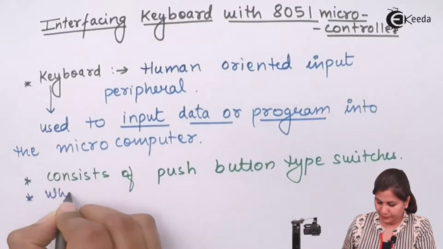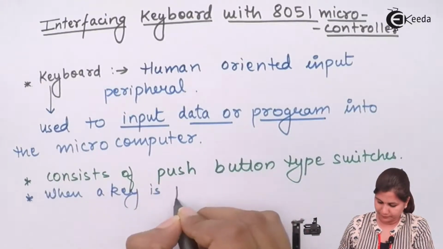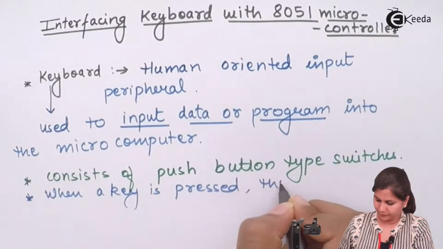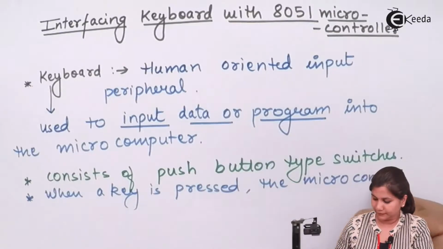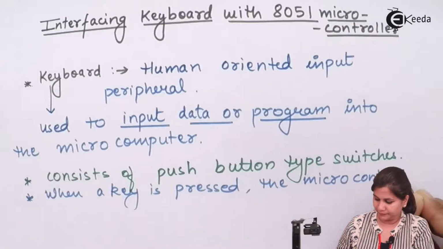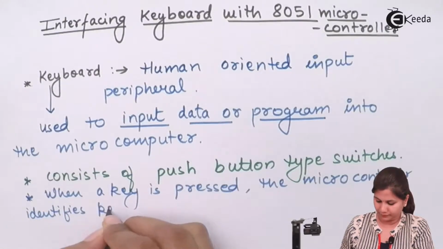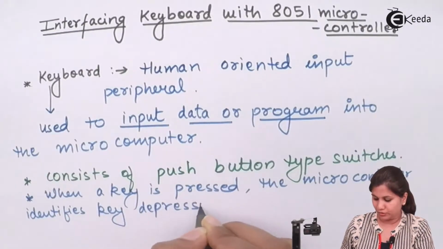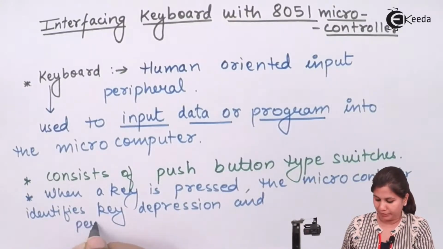So when a key is pressed, the microcontroller identifies the key depression and performs the appropriate operation.